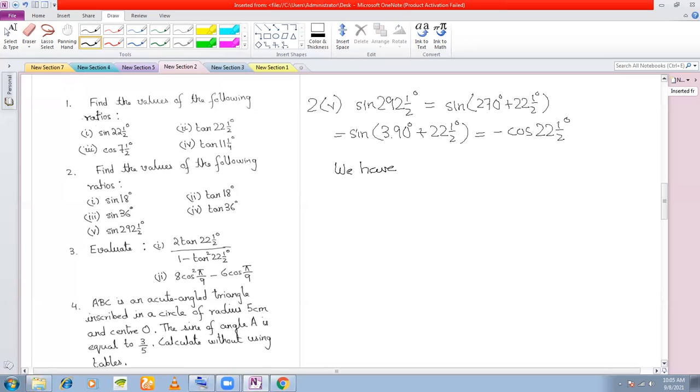Because the double of 22.5 is 45, 2 cos square 22.5 degree is equal to 1 plus cos twice 22.5. This is how we found out the value of sine 22.5 also, if you remember. 1 plus cos 45 degree, which is equal to 1 plus 1 by root 2, which is equal to root 2 plus 1 by root 2.